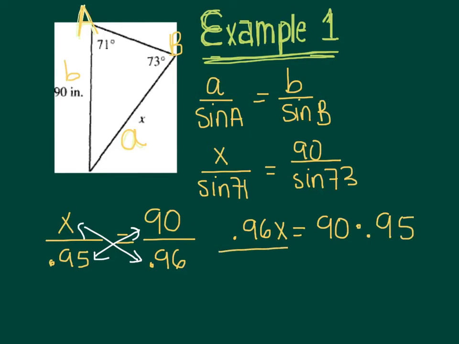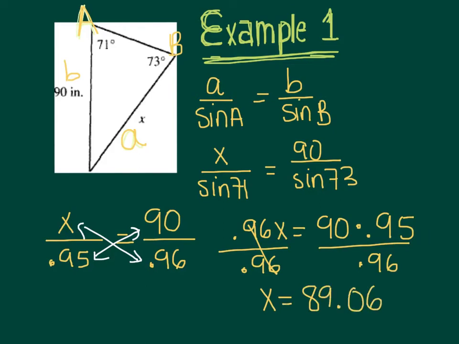To get x all alone, I'll divide both sides by 0.96. And I'm just going to stick this whole right side into the calculator at once. So you end up with 90 times 0.95 divided by 0.96. And x ends up equaling 89.06 inches. Trigonometry!